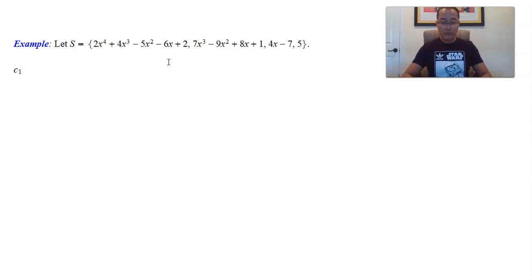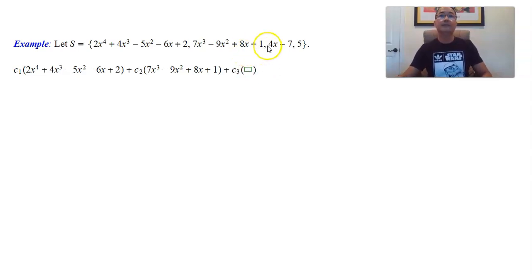So we want c1 times the first polynomial plus c2 times the second polynomial plus c3 times the third, plus c4 times the last, which is the 5.